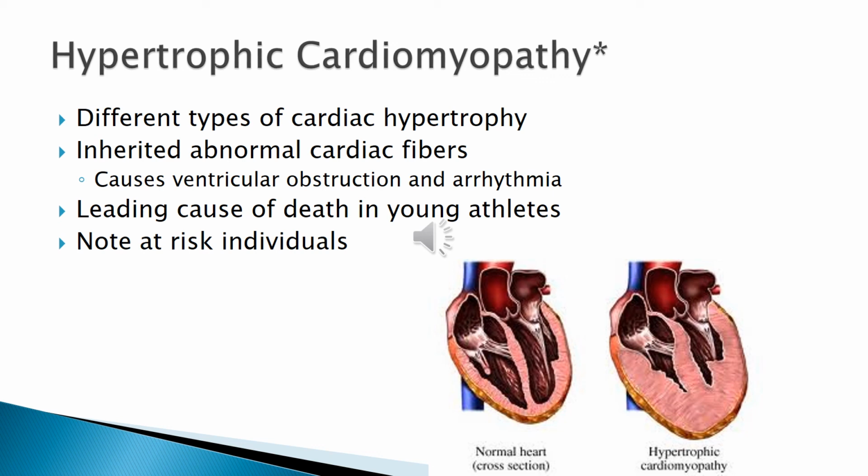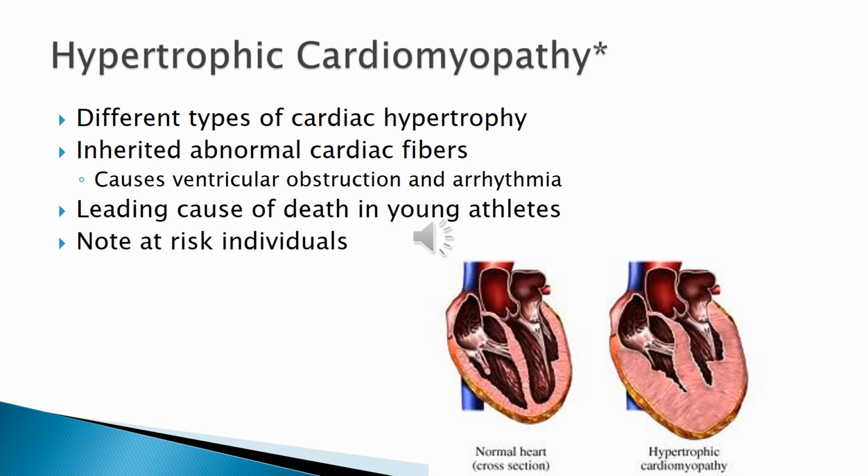The issue is that the asymmetrical enlargement causes a decrease in the size of the ventricular cavity, and this can cause an obstruction of blood flow throughout the heart and then produce an arrhythmia or an atrial fibrillation, which is basically an abnormal quivering of the heart.